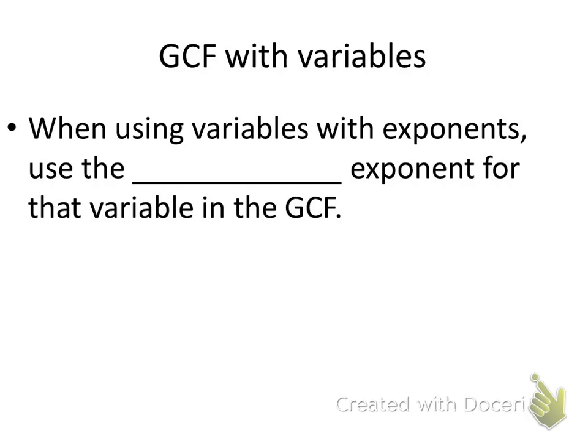Let's say they all have a variable of x: x squared, x cubed, x to the 4th. They all have a what in common? The variable x. How many of those x's do they all share? 2. You're going to choose the variable with the smallest exponent, okay? So smallest or least.